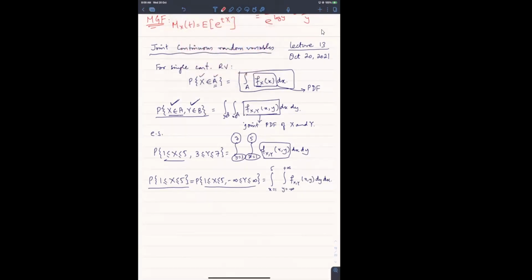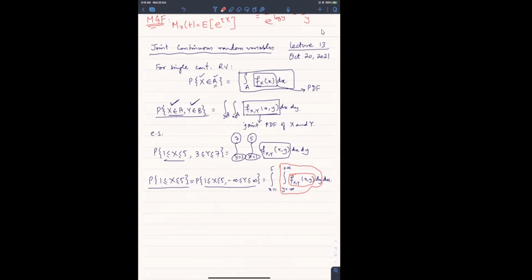And this inner part, what is it? We have integrated the joint PDF over y, from minus infinity to plus infinity. Now if you recall from the discrete case, if you have a joint PMF of x and y, and you sum out over all possible values of x, you are left with the marginal PMF of y. It's exactly the same thing.